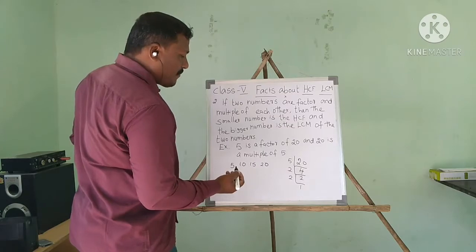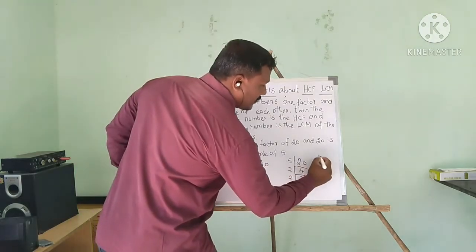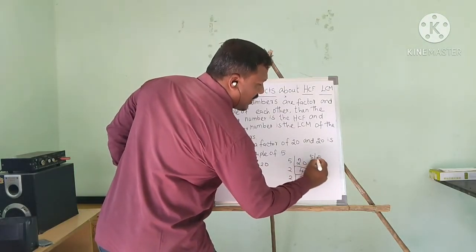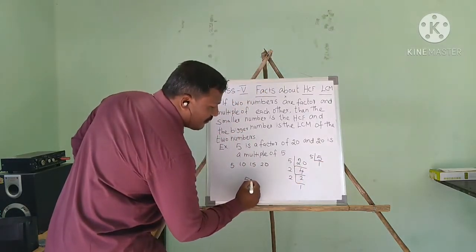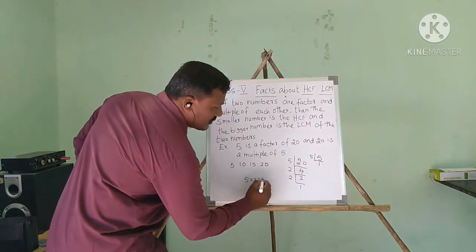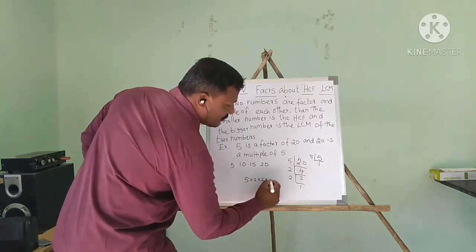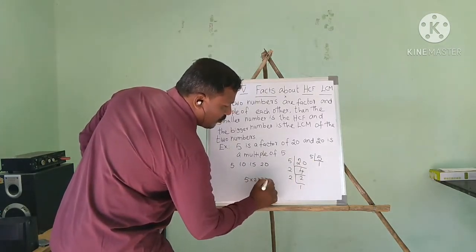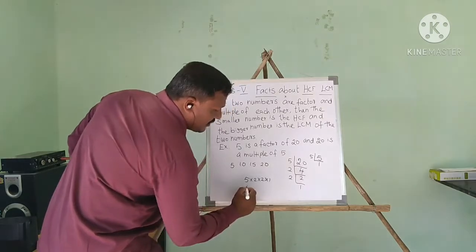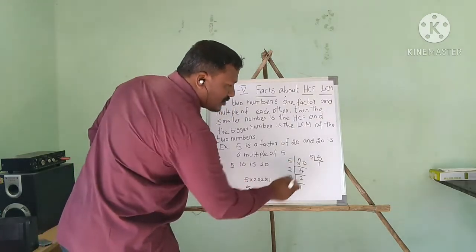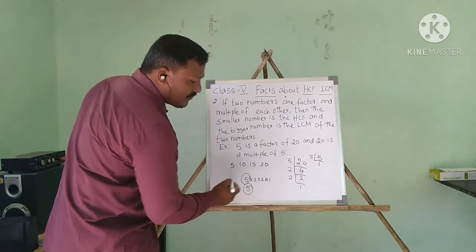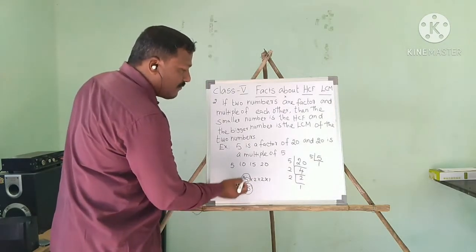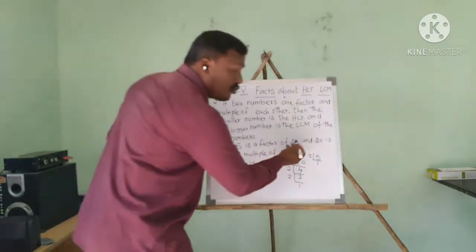Now let me take 5. 5 ones are 5. Collecting the factors, 20 is 5 into 2 into 2 into 1. Here the only factor of 5 is 5. If you collect both, in common factors, 5 is common. So 5 is a factor of 5 and a factor of 20.